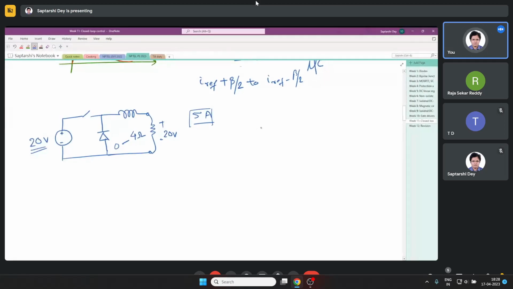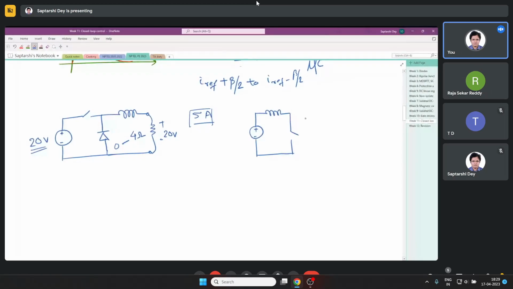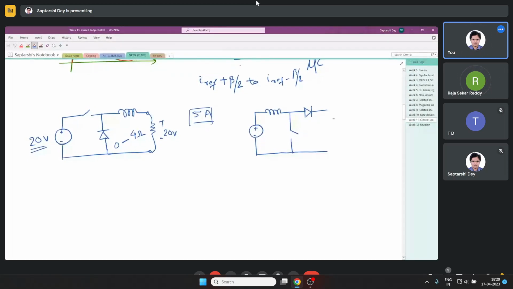If you have a boost converter, can you see that a boost converter is actually a current sourced converter, while a buck converter is a voltage sourced converter. A boost converter is a current sourced converter. Yes, the source and impedance can be replaced with the current source.